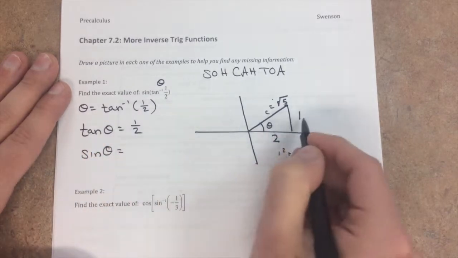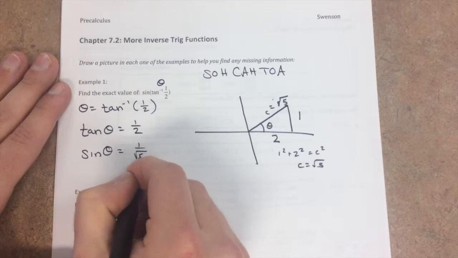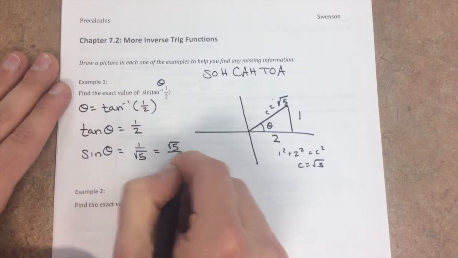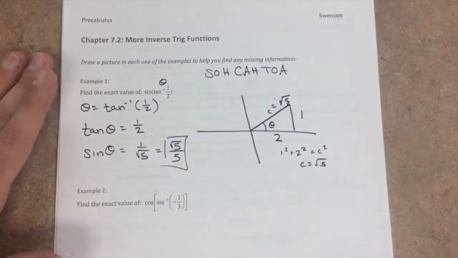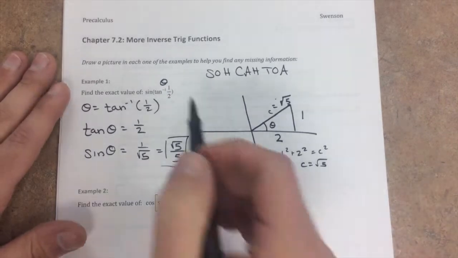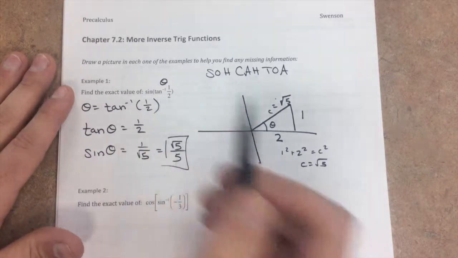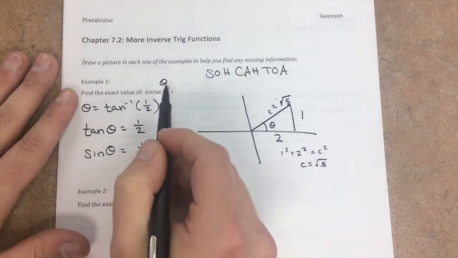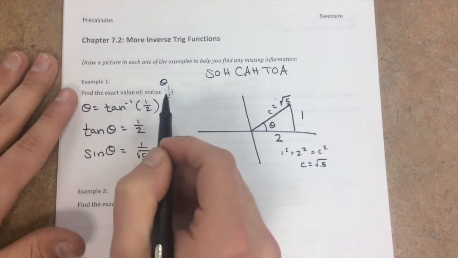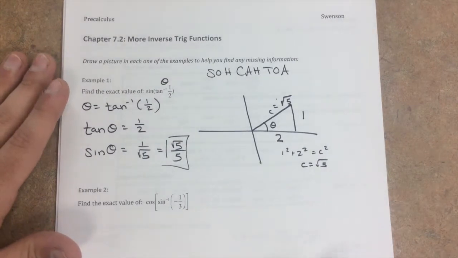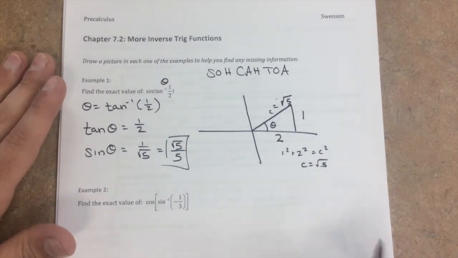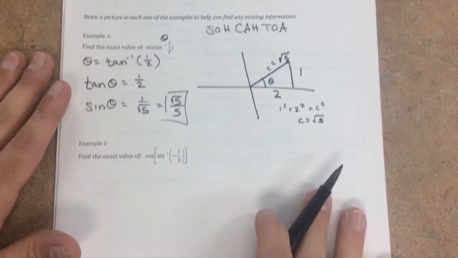Well, the sine of the angle is 1 over the square root of 5, or just root 5 over 5. Now, how we did that is we're pretending that this inside function is our angle. Anytime we're talking about an inverse trig function, it's talking about the angle measure. And then the outside function is saying, okay, what's the value we get back out?